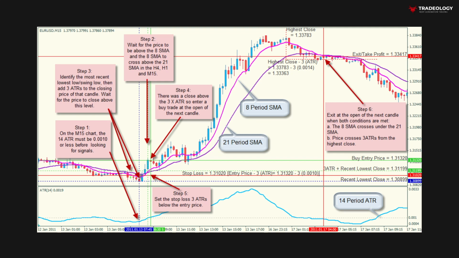Price was above the SMAs, and the 8 SMA completely crossed in the 4-hour and 1-hour at the close of the candle along the green dotted vertical line. The most recent lowest low was at 1.30899, indicated by the blue horizontal line. And the ATR level then was at 0.0010. So we computed 3 ATRs from there to enter a buy trade when the price exceeds that level.